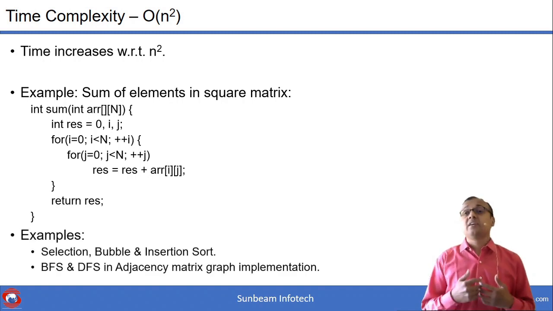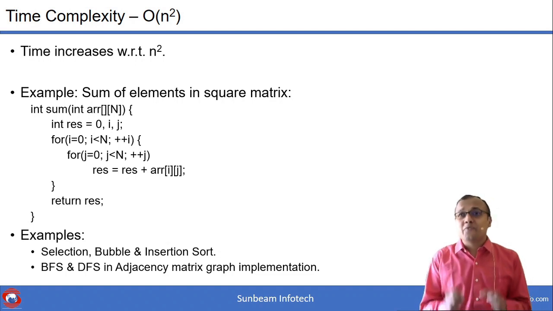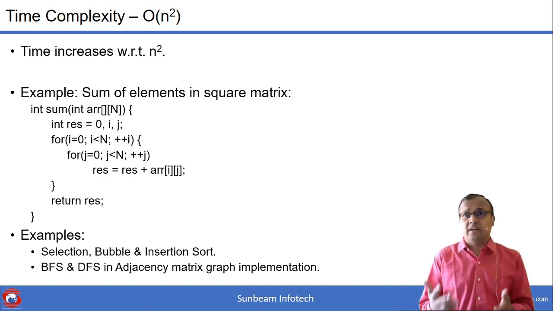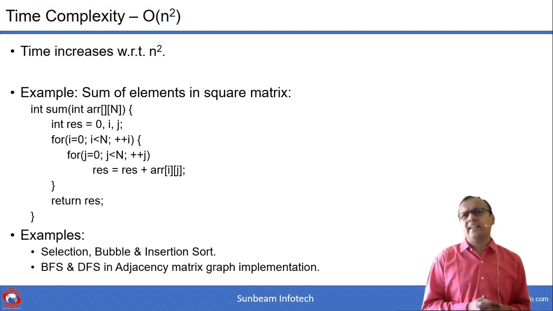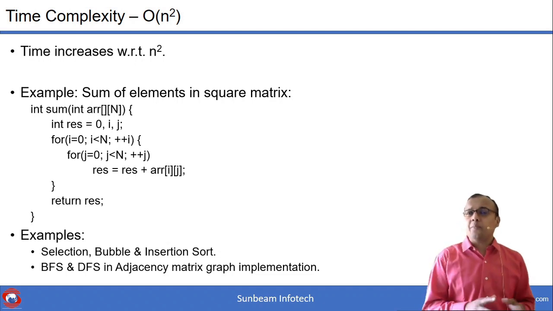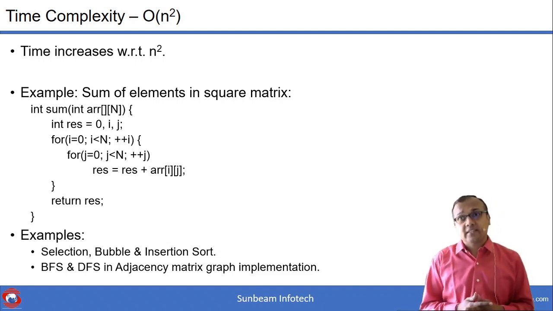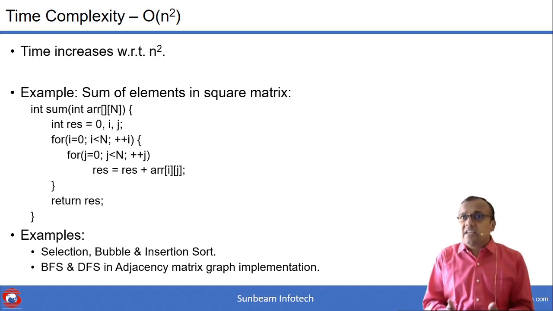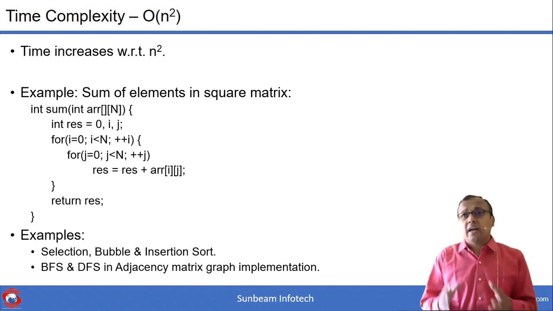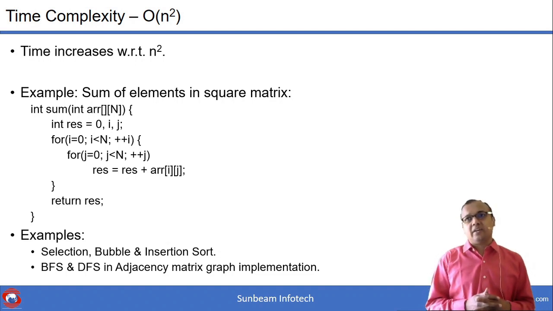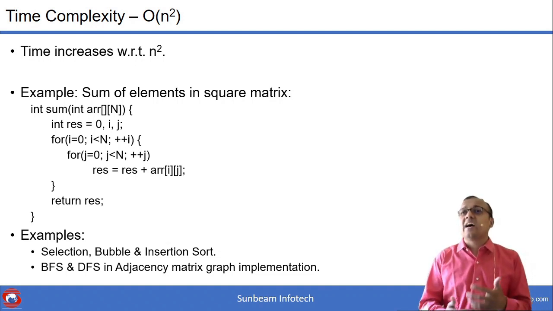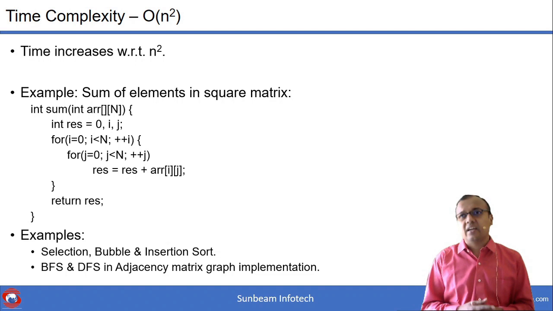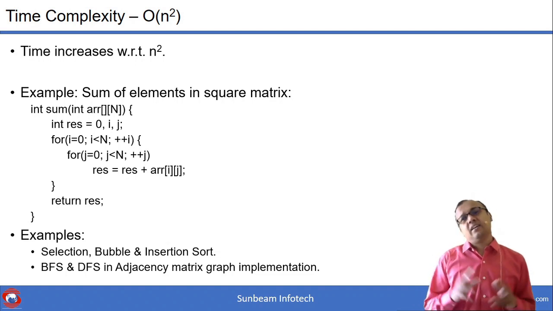A few more examples can be selection sort, bubble sort, or insertion sort, where the number of iterations is not exactly n square, but still the time complexity is O(n square). Even in the BFS and DFS algorithms with adjacency matrix implementation of a graph, the number of iterations is maximum n square and the time complexity results in O(n square).